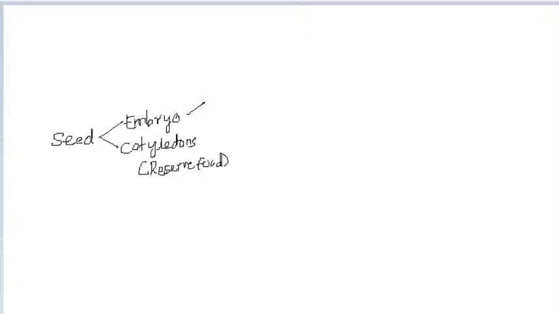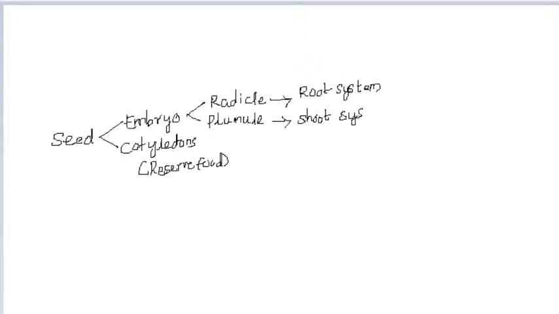The embryo has two parts. One is called the radicle, the other is called the plumule. The radicle gives rise to the root system, and the plumule gives rise to the shoot system.